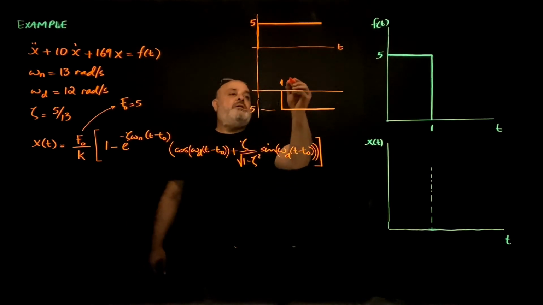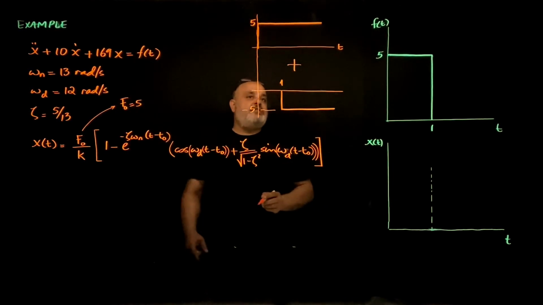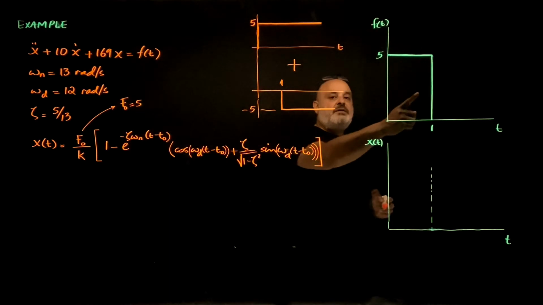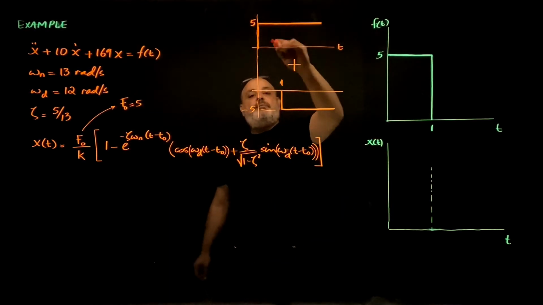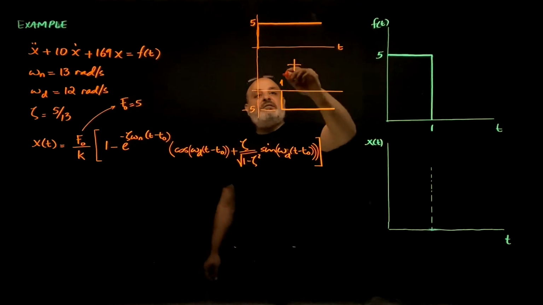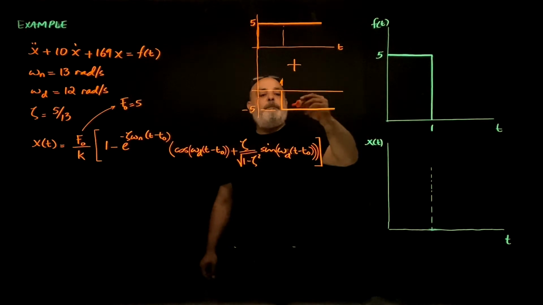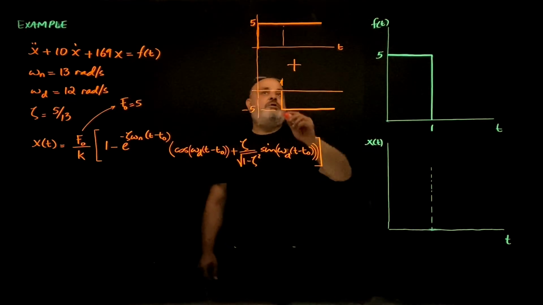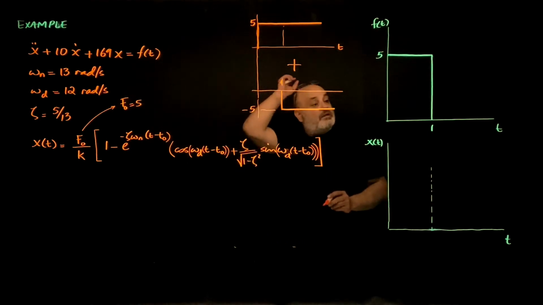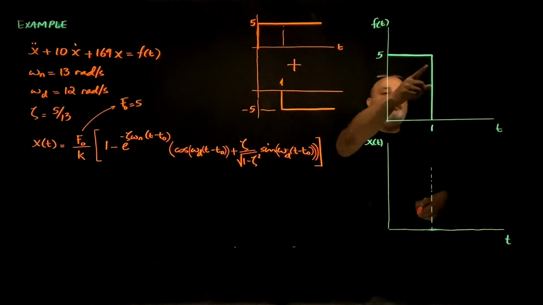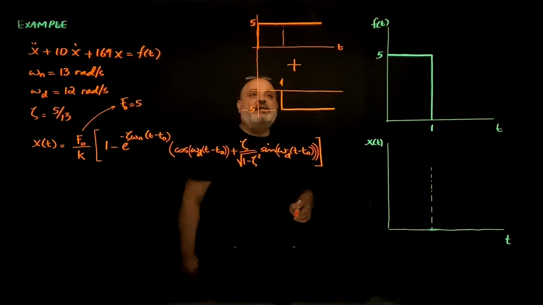Now if you add these two steps together, you will get this total step. 5 plus 0 until we reach the 1 second point becomes 5 minus 5 is 0. So the total of these two steps is the input function that we have, the constant input over a period of 1 second.